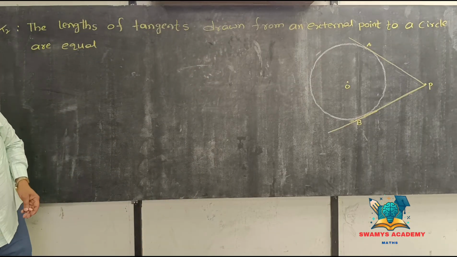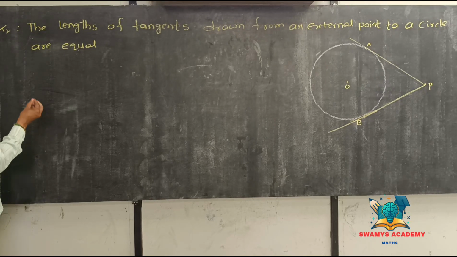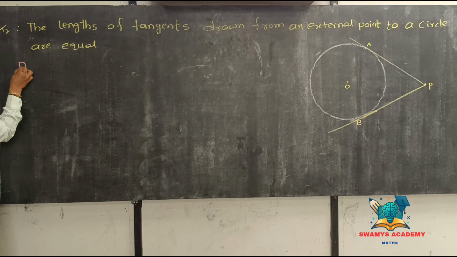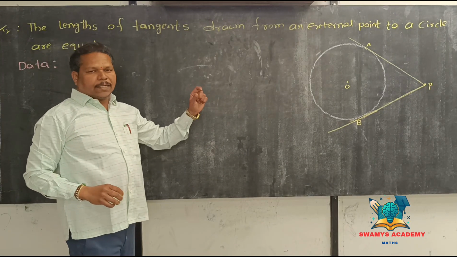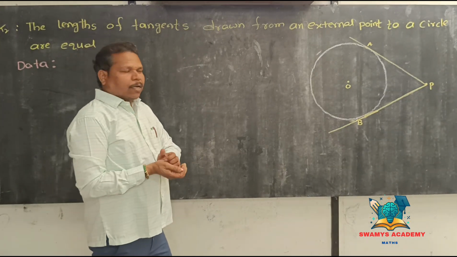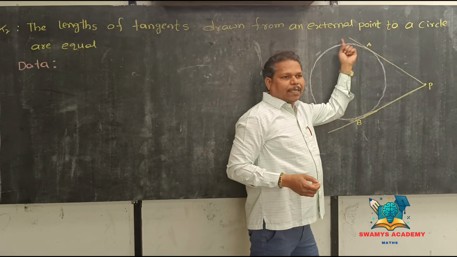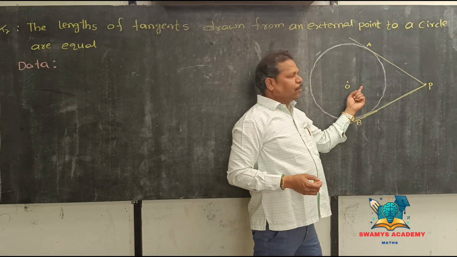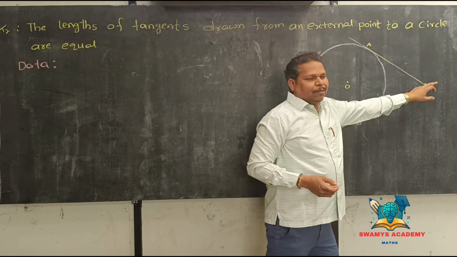Now you need to write the first step. After the statement, the first step is data. Already we have discussed what data means: about the picture, the given information that we need to write. Now in this circle, O is the center of the circle and P is an external point.